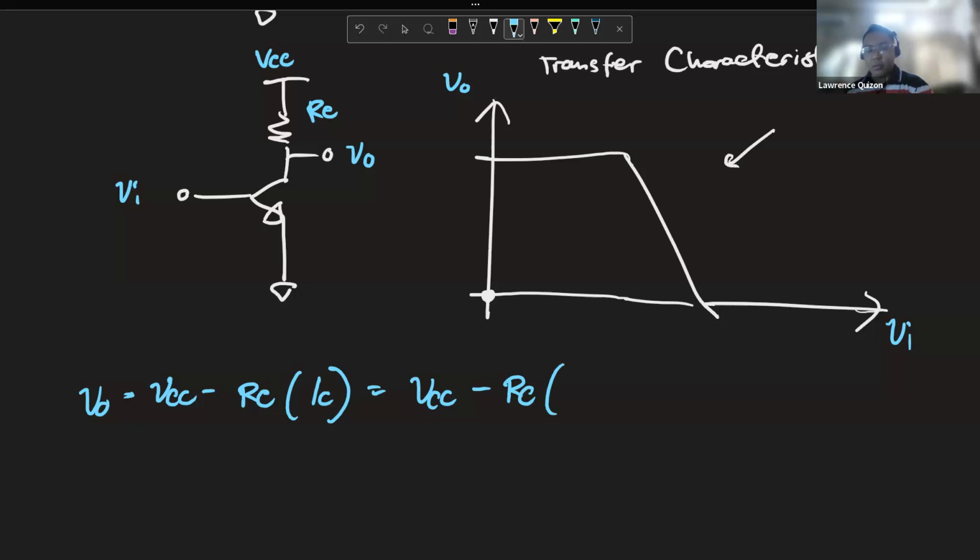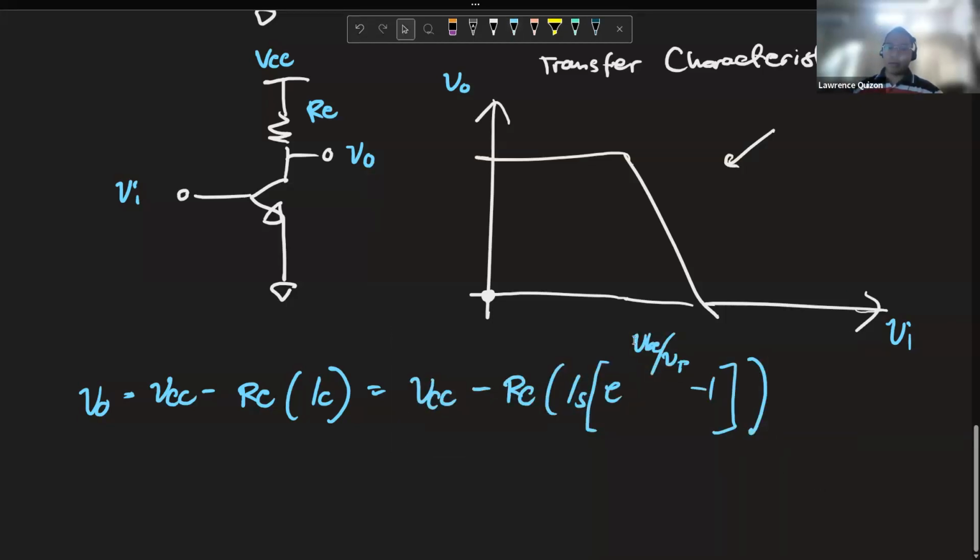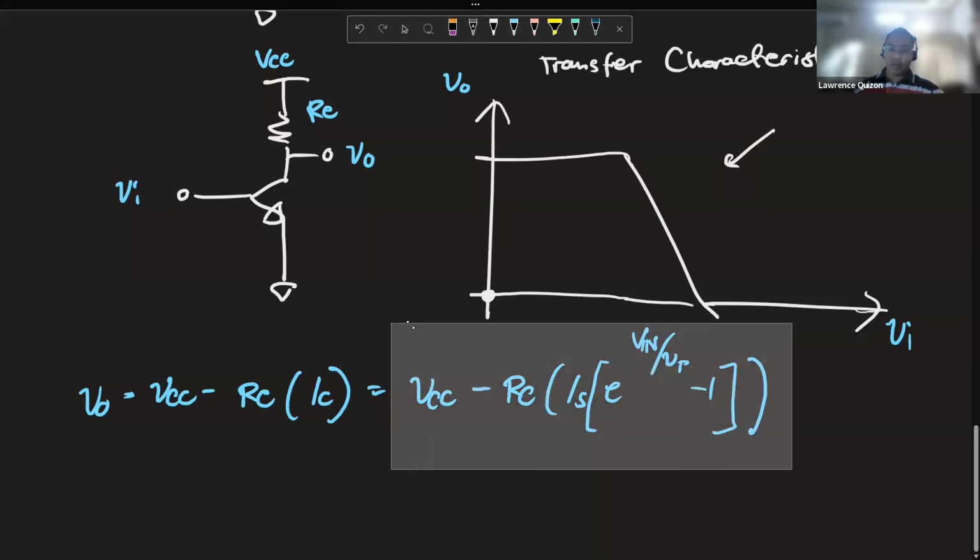So what we're going to do is multiply RC with the exponential equation for the BJT, which is this thing, e to the VBE over VT minus 1, and voila, that's our equation for V out versus the VBE, which is just V in. Yan. So this is our equation.